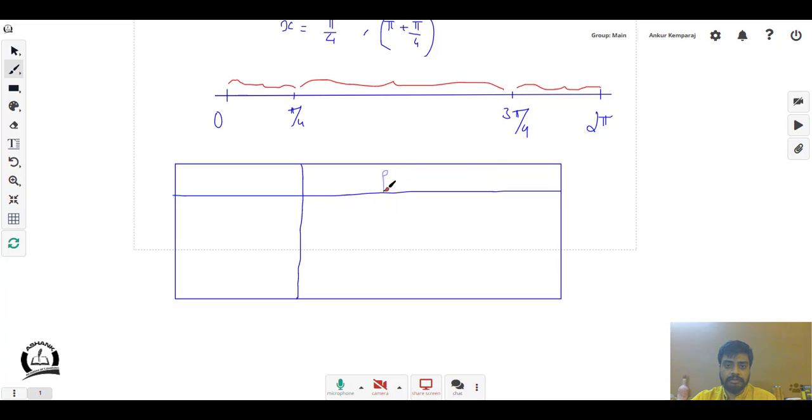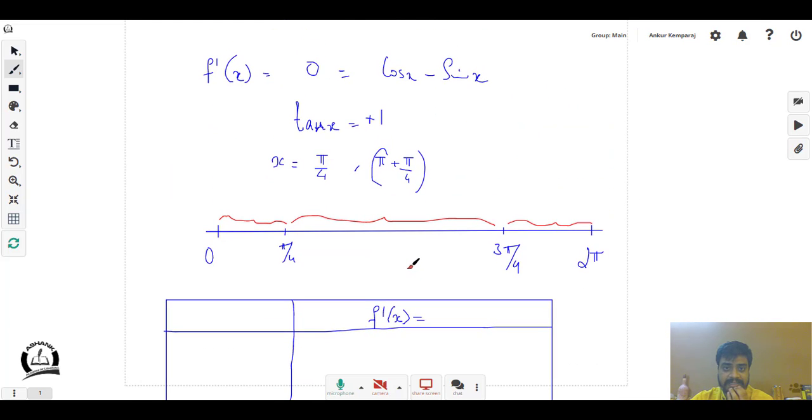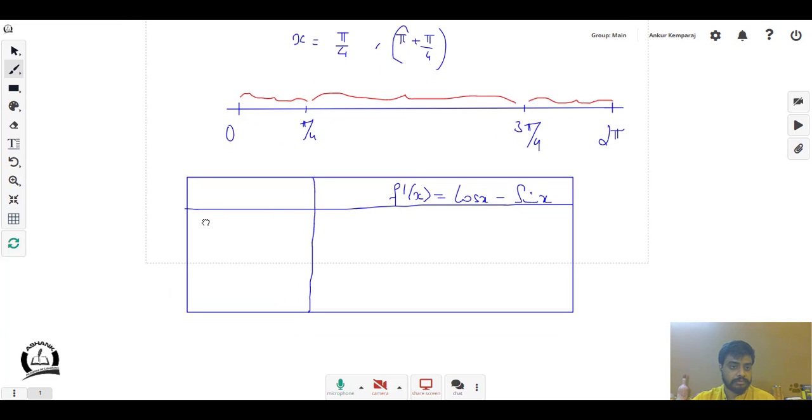I have my f dash of x equation here. Now, f dash of x equation is nothing but cos x minus sin x. There, I've got that done.